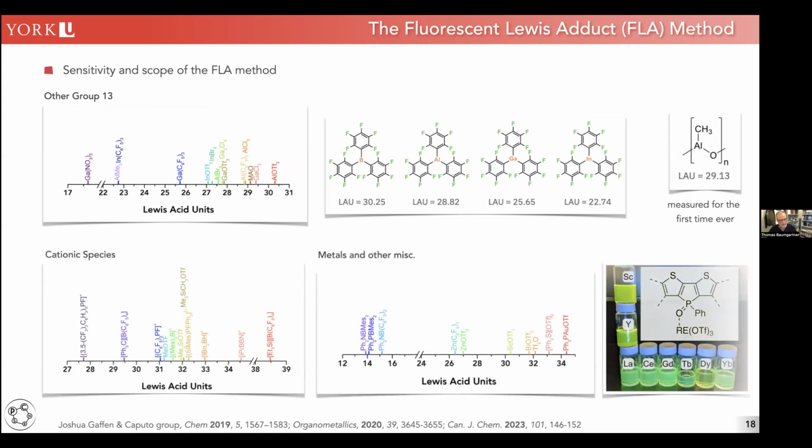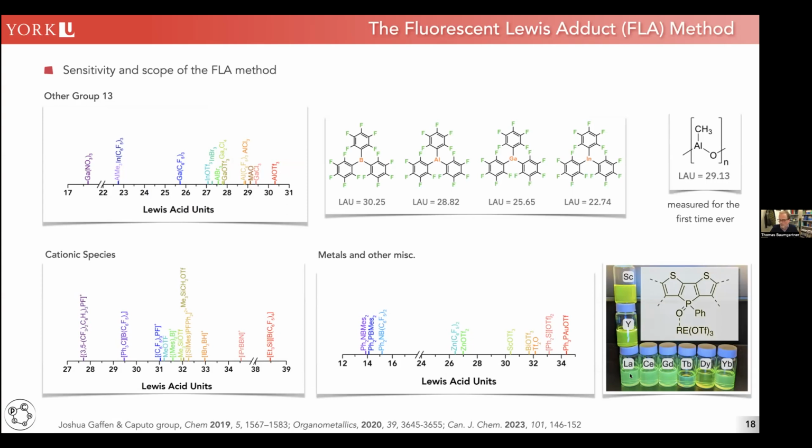And we can go on and do it for cationic species. We can do it for metals, and we can do it even for lanthanides and group 3 elements. So you can see here on the bottom right, it's very similarly reflected: scandium, yttrium, lanthanum. Scandium is the strongest Lewis acid, and lanthanum is the weakest one.